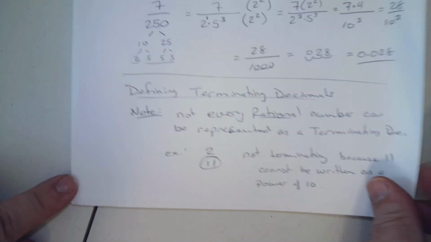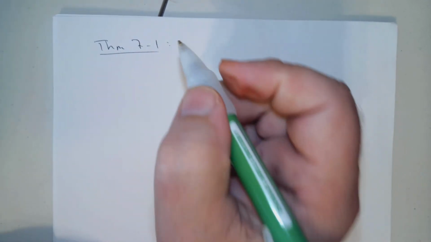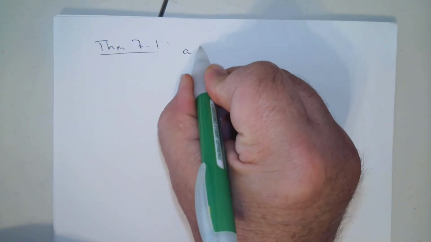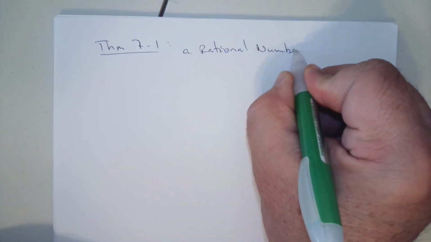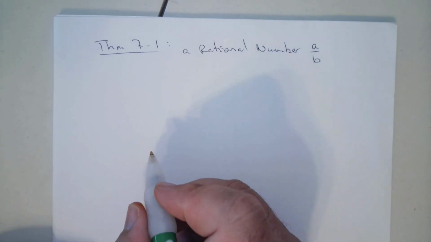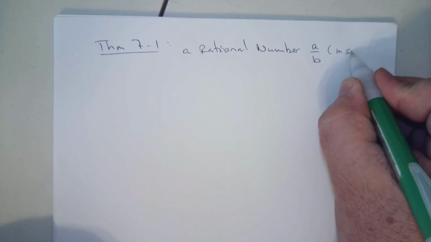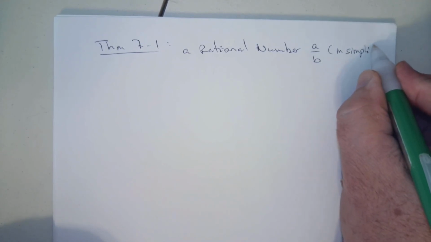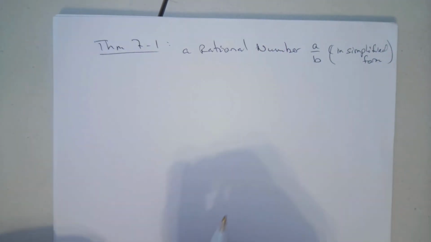All right, so that leads us to our first theorem of this chapter. Theorem 7-1. A rational number, a over b, in simplified form, or just take as far as you can down.